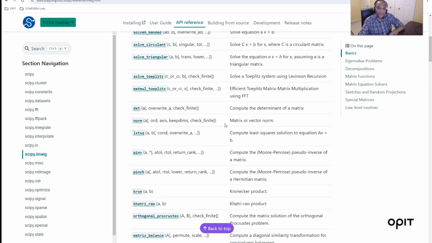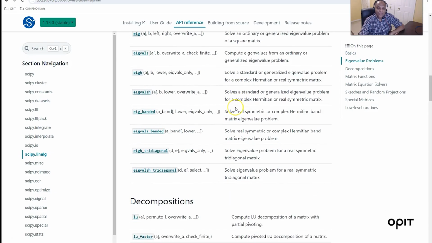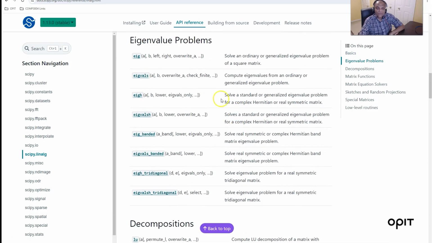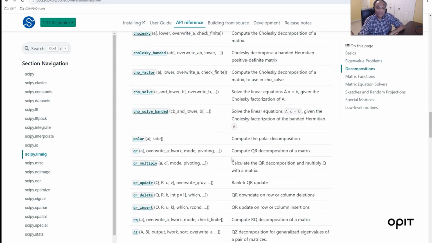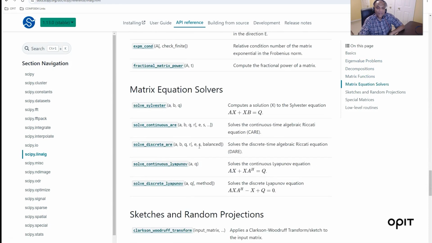Okay. Within the linear algebra package, again, there are different matrix operations as well. So for example, you can find eigenvalues of matrices or arrays. There are different matrix functions as well, like doing trigonometric functions on matrices, solving matrix equations, Lyapunov functions, and so on.